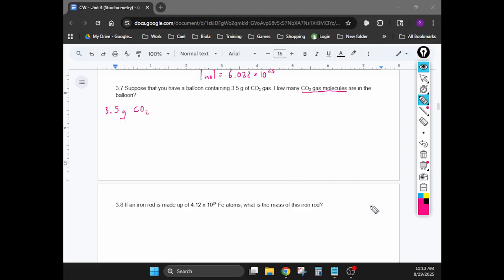The way that you would do this is you got to use your periodic table now, because you can't go straight from grams to molecules. In order to go to molecules, you need moles, right? So you got to set up a fraction where first you turn grams into moles, and then you need a second fraction where you turn your moles into molecules.